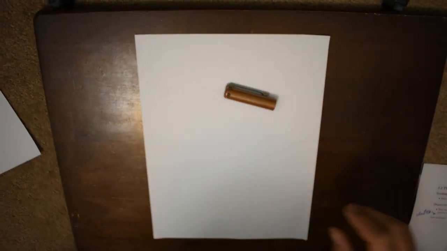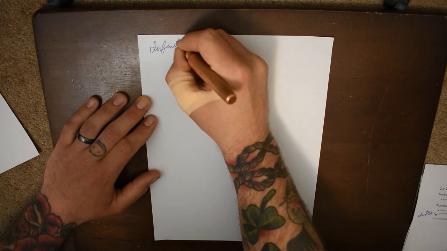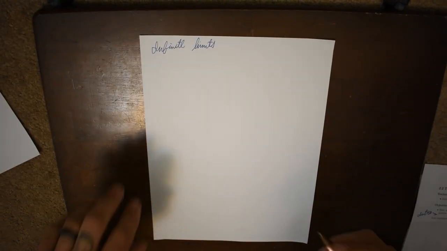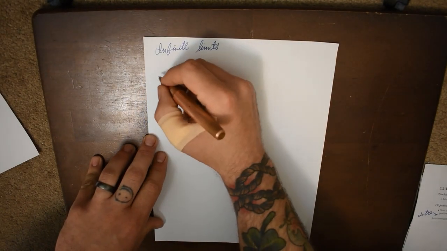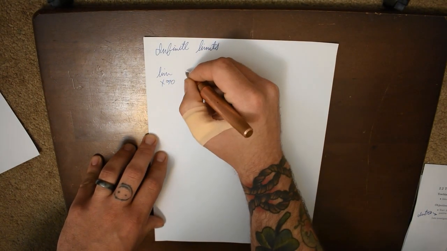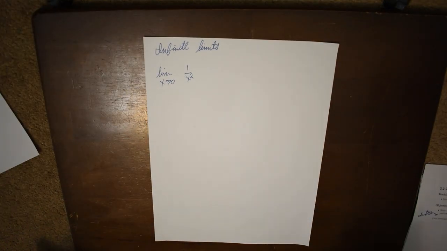Cool, so let's shift gears a little bit. Let's talk about infinite limits. So, let's start off with an example. Let's find the limit as x approaches 0 of 1 over x squared. This one we can do by hand.